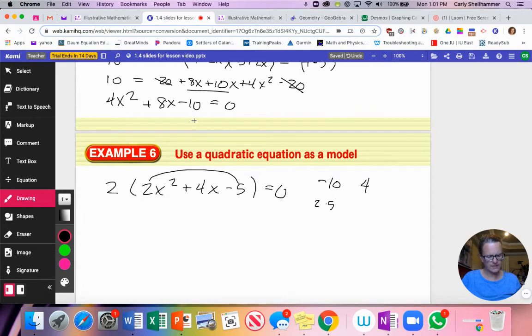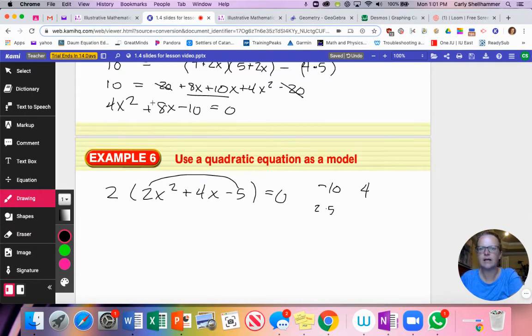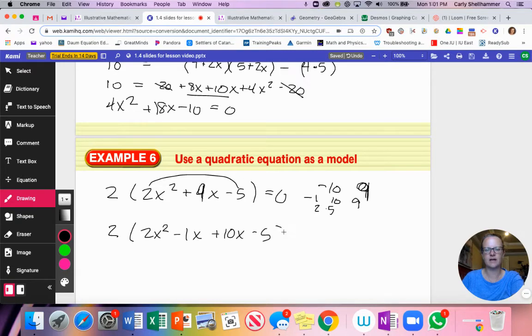Looks like I made a mistake. 18, right there. So this is going to be 1 times 10 and 2 times 5. So if that is negative, we get 9. Whew, that was close. 2x squared minus 1x plus 10x minus 5. I just expanded the middle term.